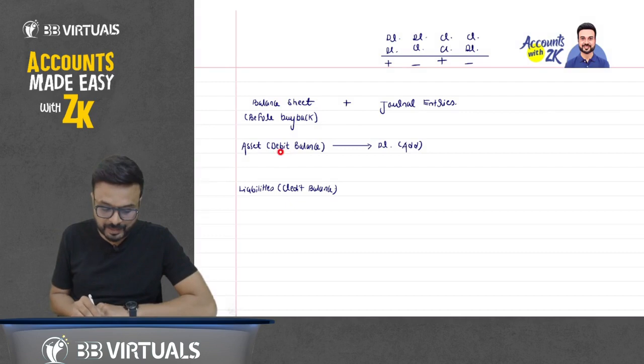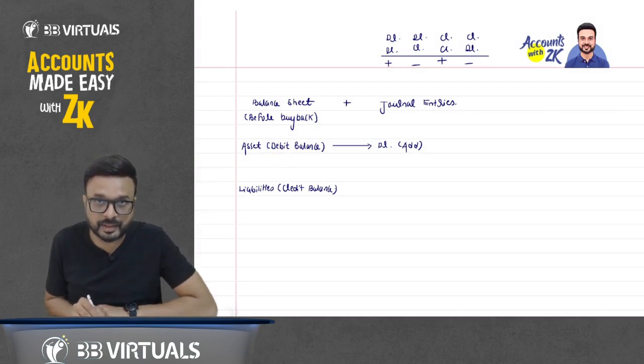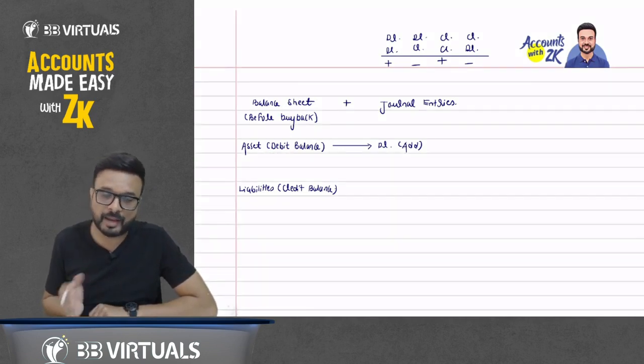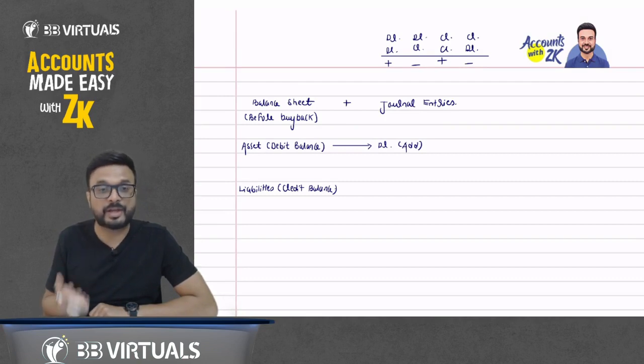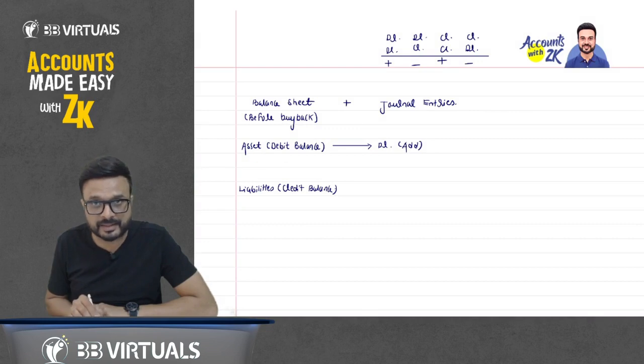So asset has debit balance, as given in the balance sheet. The balance sheet before buyback will be given in the question.